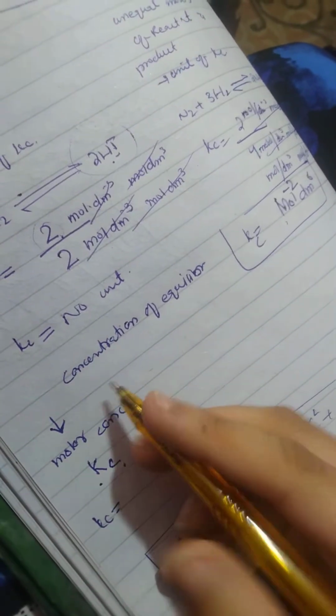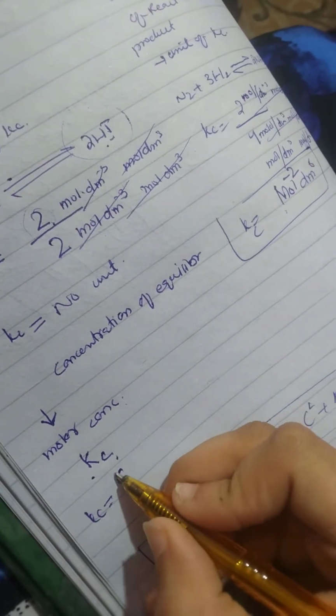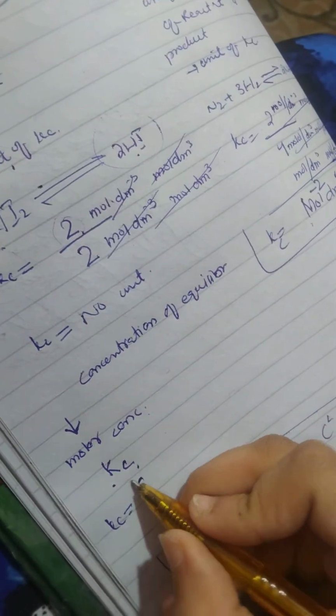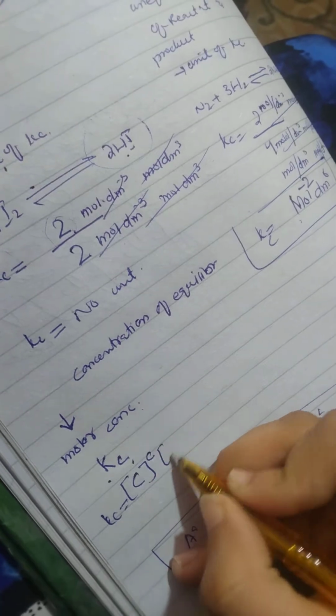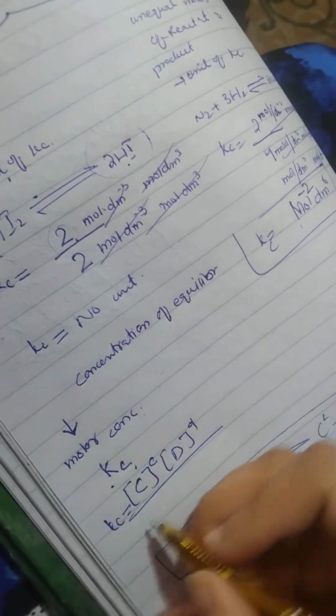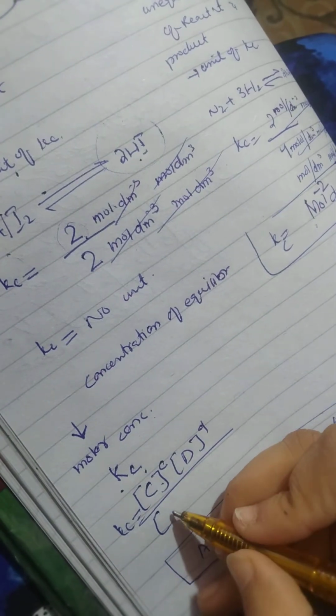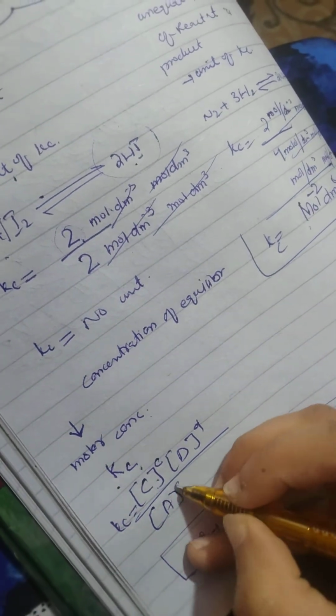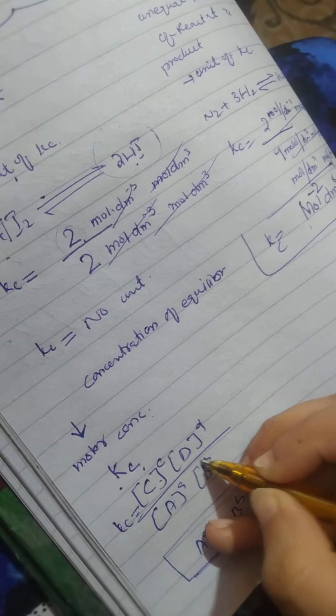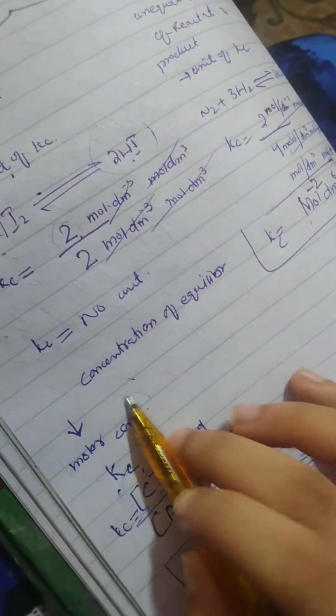Consider a reaction A plus B gives C plus D. The products are C and D, and we show molar concentration by square brackets, so Kc is equal to [C][D] over [A][B]. This is for the molar concentration.